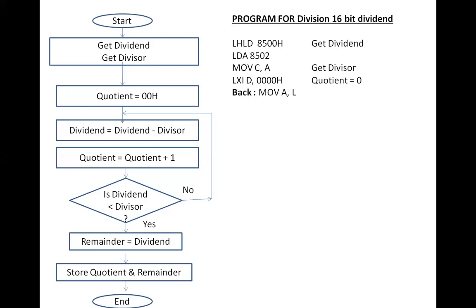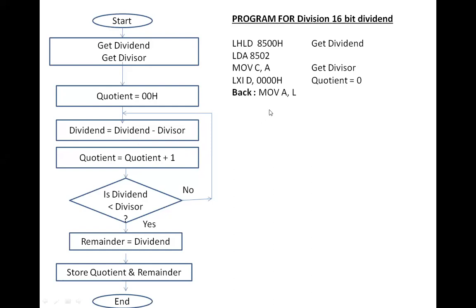Now the HL pair contains the 16-bit dividend. The lower order is stored in the L register and the higher order is stored in the H register. Whenever we start subtraction, we first load the lower order content, that is the L register content, into the accumulator, because we have to subtract the divisor from the dividend.